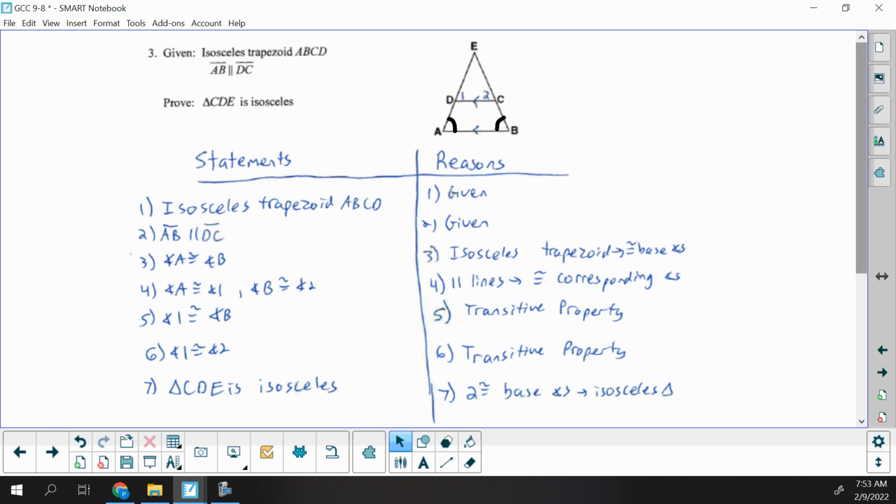And then we can do parallel lines implies congruent corresponding angles. So that's going to give us this angle congruent to that angle, and this angle congruent to that angle. Well, notice A and B had double markings. That leads to transitive property.